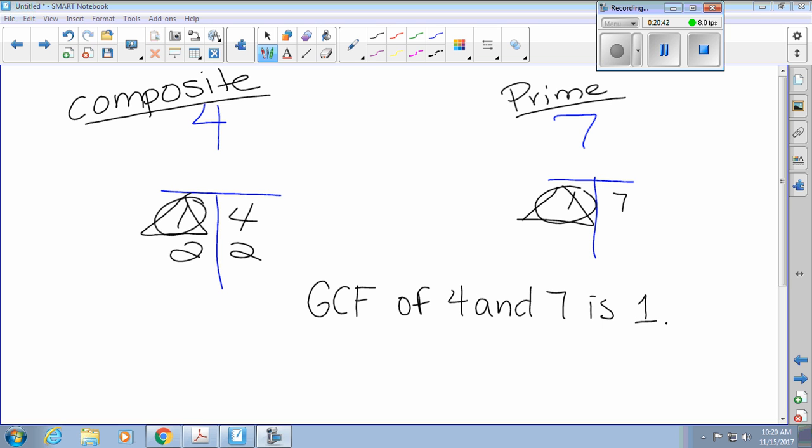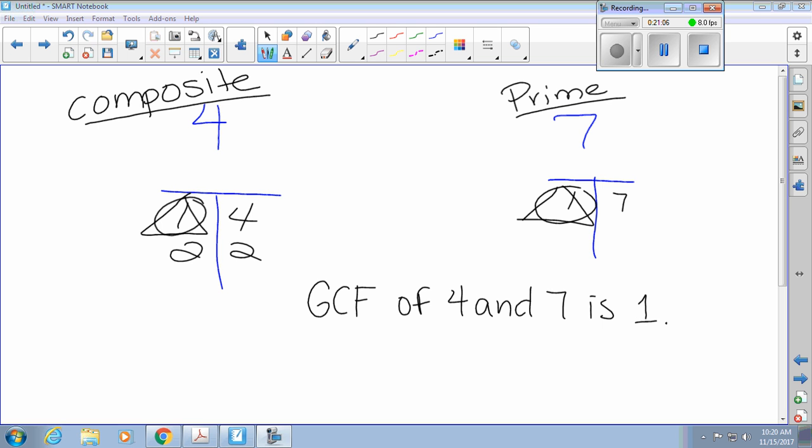Everybody in my class is doing a little more talking than I prefer. All right. So if, again, prime numbers only have one and itself, composite numbers have multiple factors other than one and itself. So tonight, for homework, you guys have a worksheet. So if everybody could take a peek at that worksheet, please.